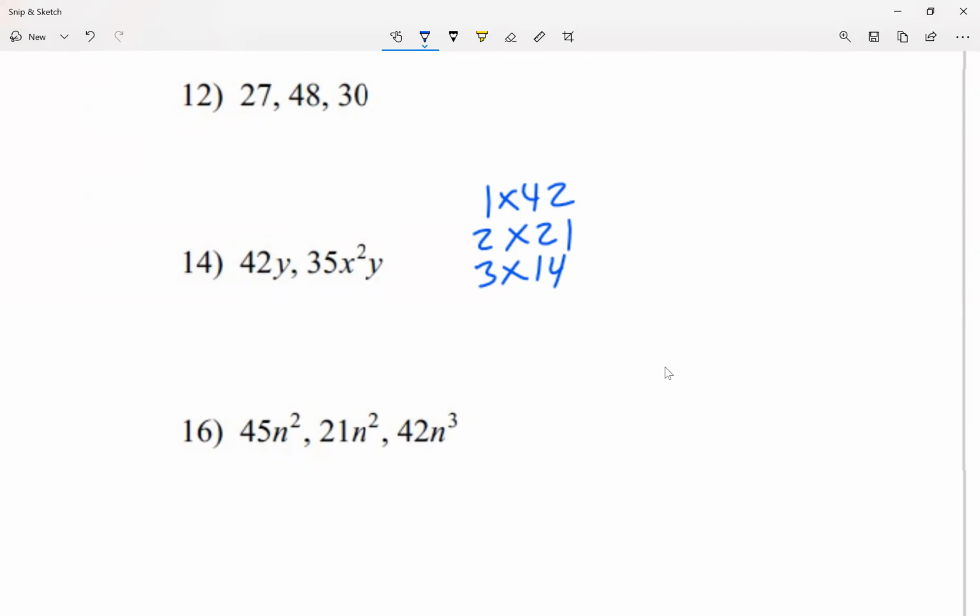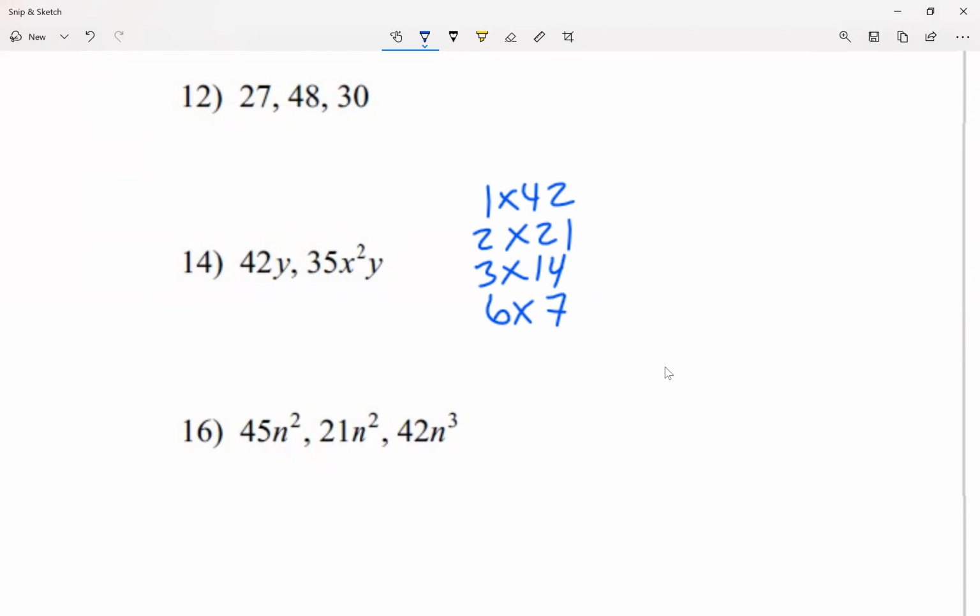The way I check it, I go backwards. 42 divided by 4 gives me a decimal, doesn't work. 5 is not a factor either. Then 6 times 7. After 6 is 7, but 7 is already on my list, so I stop. Those are my factors of 42.